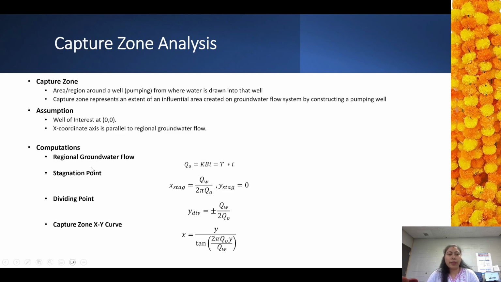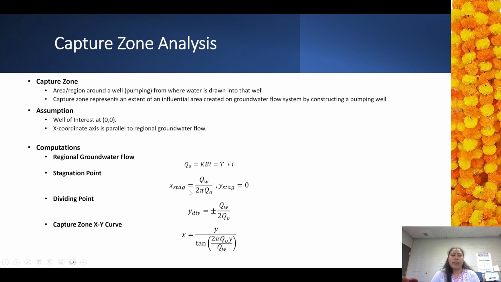So the equations that will be used for the computation of the capture zone, the main part being the curve of the capture zone. For the curve of the capture zone, we need to first determine the stagnation point. The stagnation point is the extent up to which the well can get its water from. At the stagnation point, we can calculate x stagnant, and at that point y stagnant is 0.